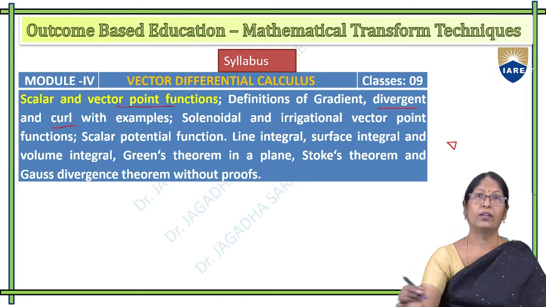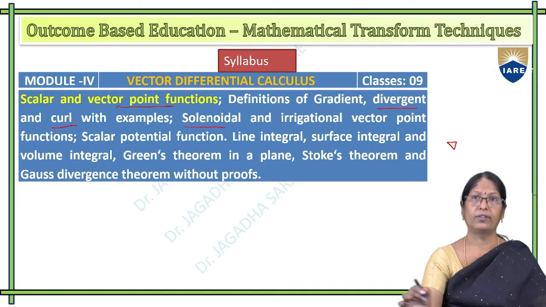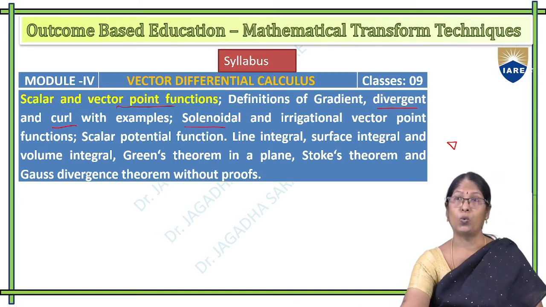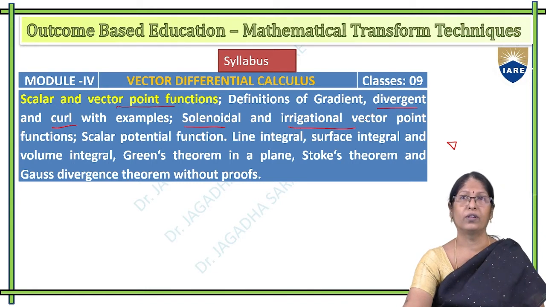Curl: that is a cross product, grad cross the vector function. Solenoidal: if our divergence is equal to 0, solenoidal. If our curl, the cross product, is equal to 0, irrotational.